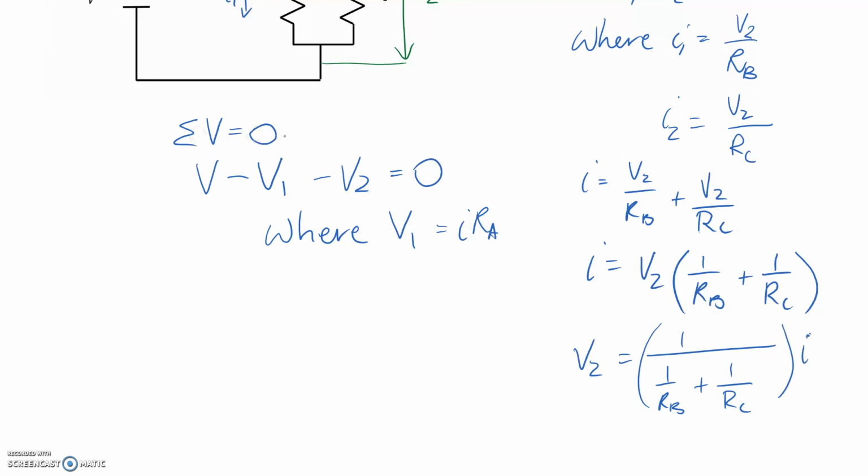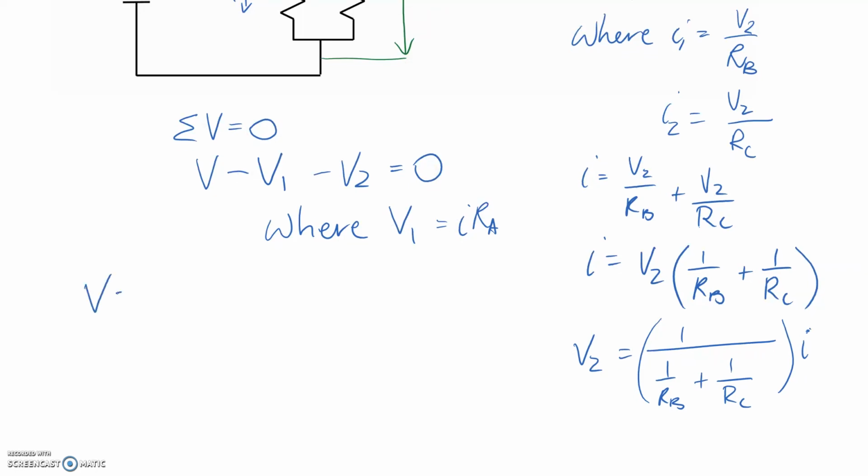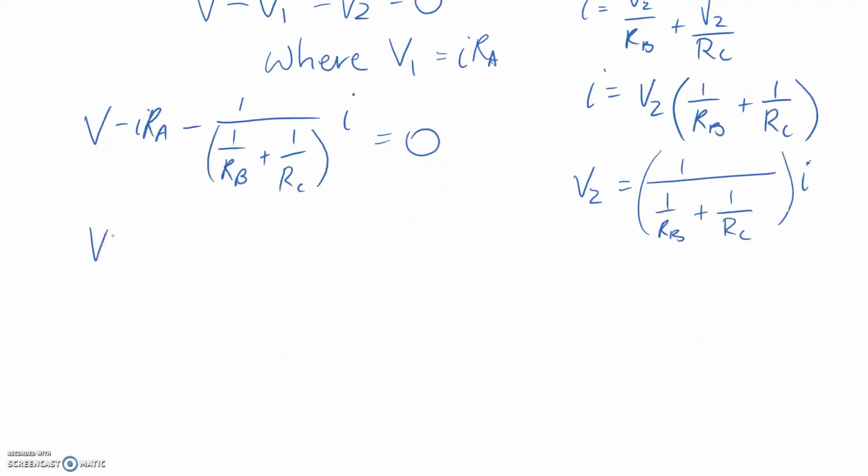All right, so let's go back and substitute these two into our equation. So that's what we get, and it's all equal to 0. Now we're pretty much at the point where we just have to rearrange this equation to get V equals something in terms of I. So I can flip these to the other side.